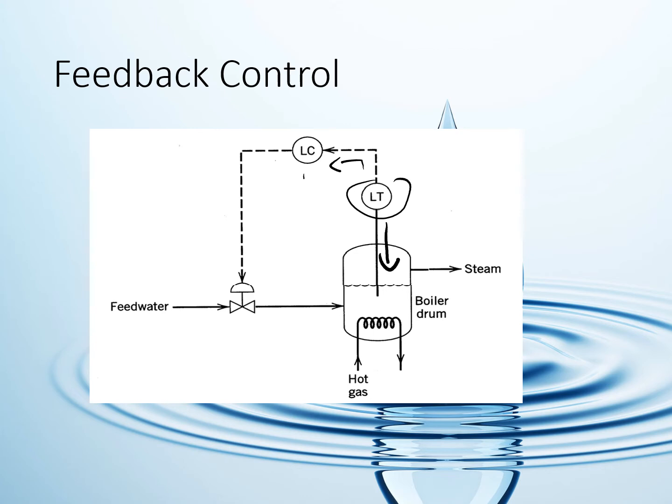This controller will make the comparison between the process variable inside here and the set point, make a correction based on that, and send the information to the valve to take an action.